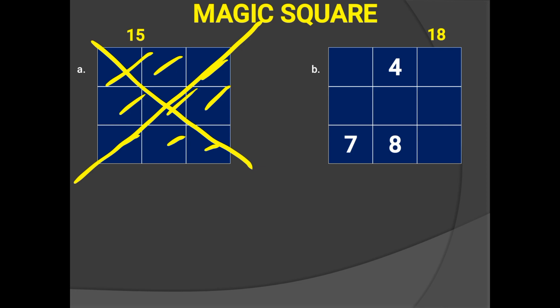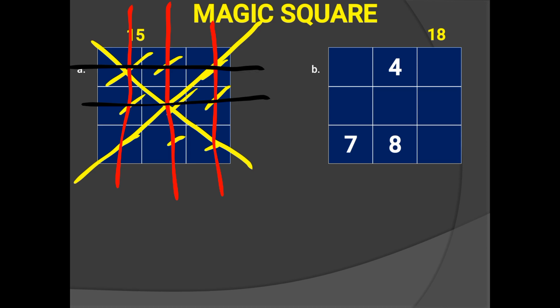Then if I add the numbers in the vertical forms, the 3 numbers in the first vertical, I should get 15. The 3 numbers in the next vertical, I should get 15. The 3 numbers in the next vertical, I should get 15. Then I go to horizontal. The 3 numbers in the first horizontal, I should get 15.